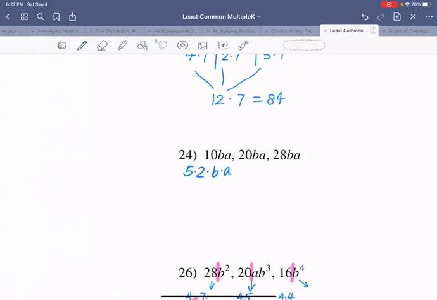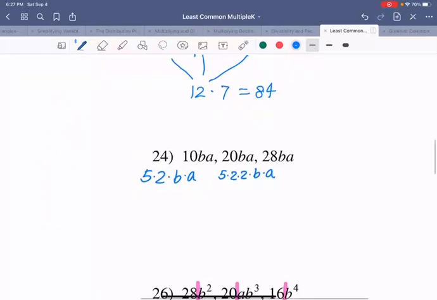Next one. 20 is 5 times 2 times 2. And then times B and times A. Okay. 28. 2 times 3 times. Hey, hold on. 2 times what? Okay.